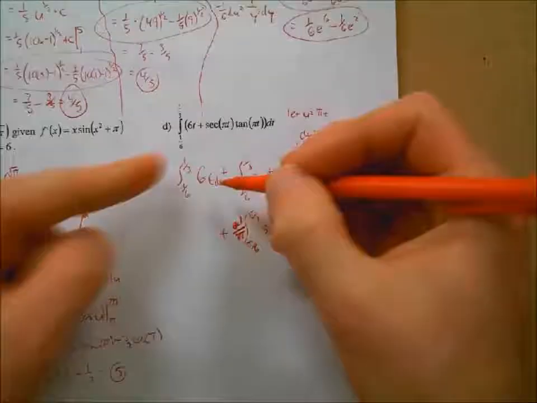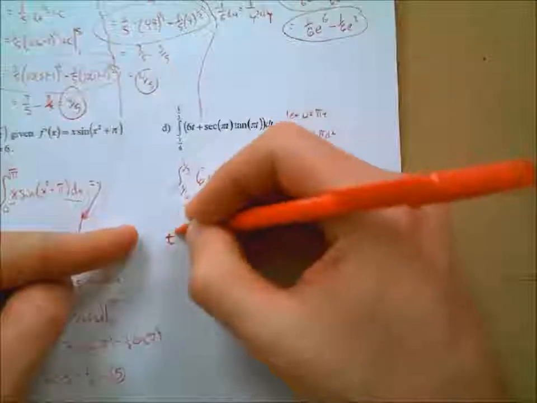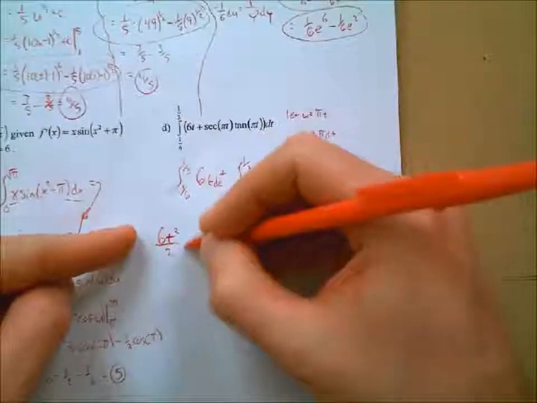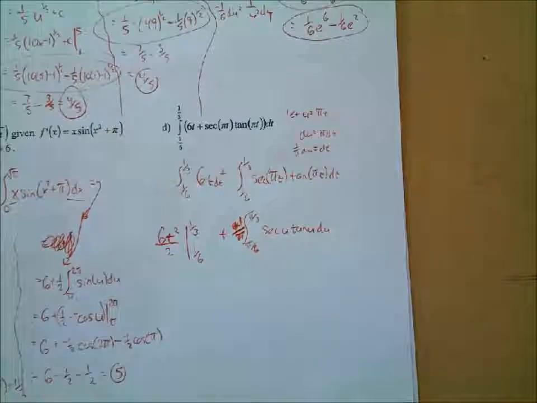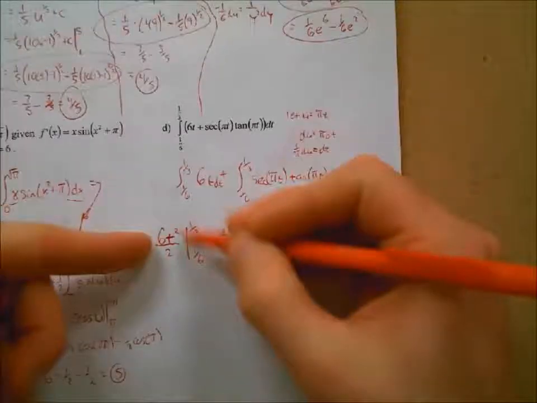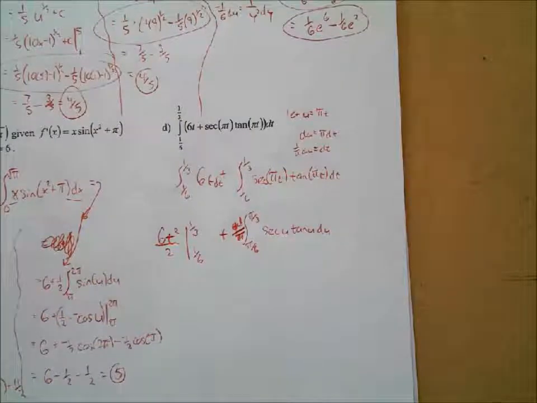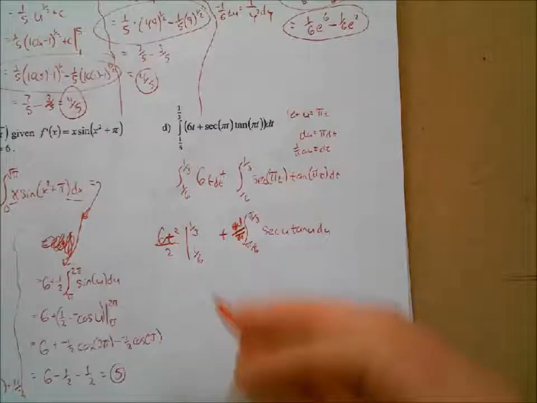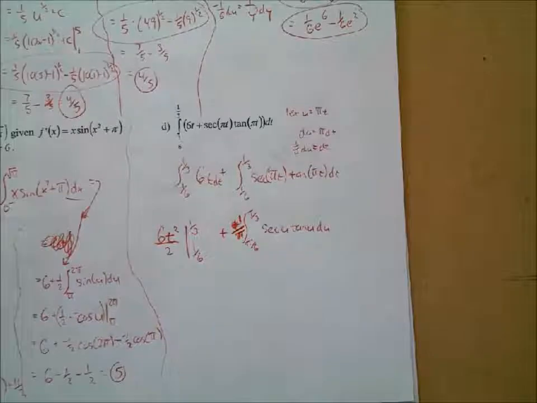You can integrate this and make it 6t squared over 2 evaluated from 1/6 to 1/3, like that. You can say this thing integrated, plus this thing that hasn't been integrated yet. I know it's a little funky, but if you want to save on having to do too much, if you want to do more than one thing at once, that's possible.